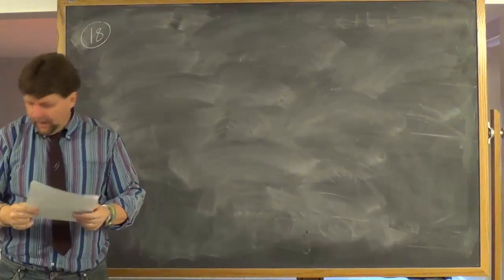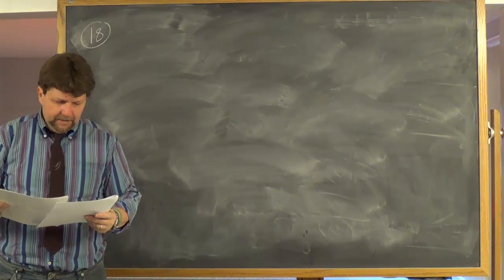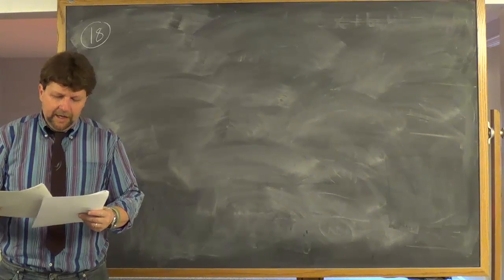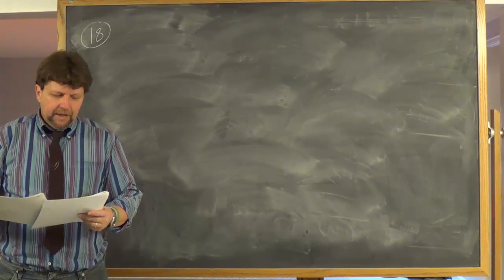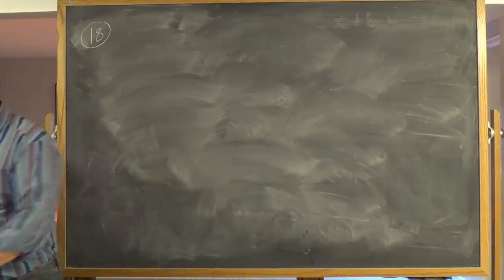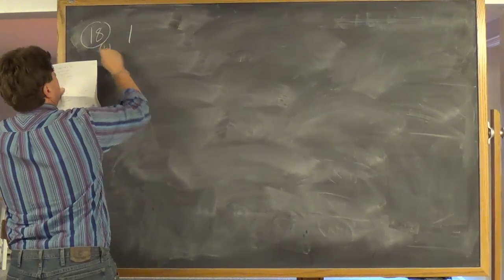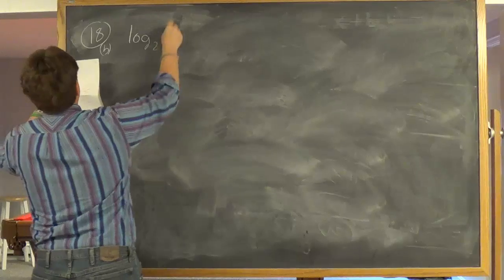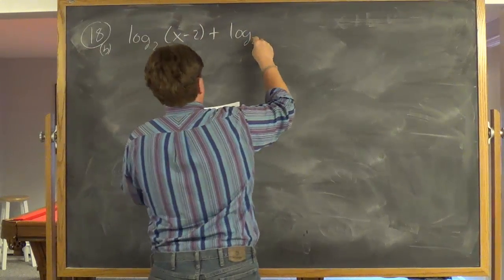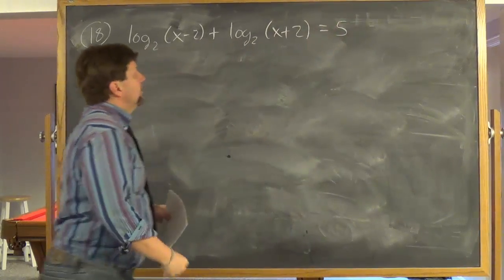All right, folks, here in number 18, I gave you a couple of logarithmic equations and asked you to solve them. Here I thought we'd look at 18b. 18a is very similar to number 16. So in 18b, you're given log base 2 of x minus 2 plus log base 2 of x plus 2 equals 5.